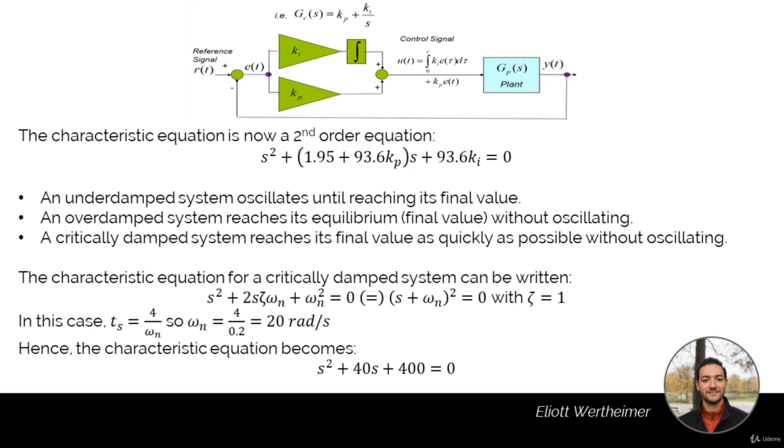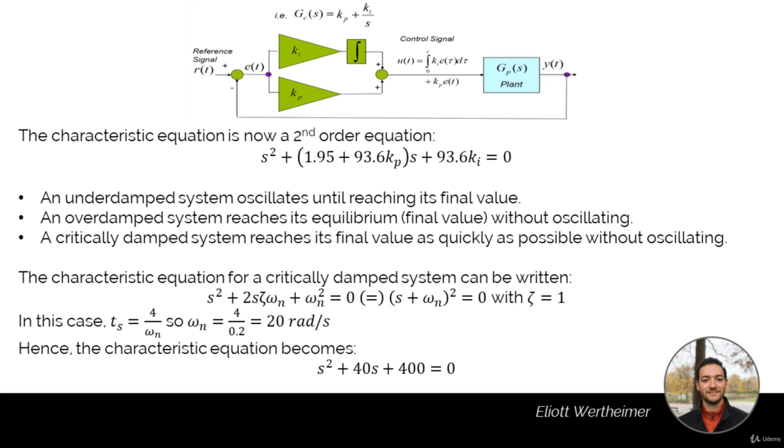Before we move any further, I want to give you a few definitions about the damping of systems. An underdamped system is a system that oscillates until it reaches its final value. An overdamped system is a system that reaches its equilibrium or final value without any oscillations.